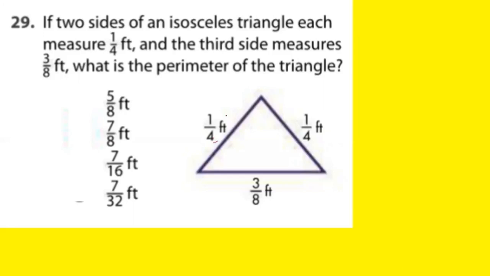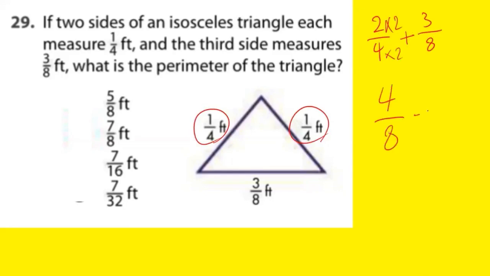Okay, here is 1/4 plus 1/4 equals 2 over 4, plus 3 over 8. What makes this 4 to be 8? Multiplied by 2 up and down. It will be 4 over 8 plus 3 over 8. That will equal 7 over 8, okay, feet.